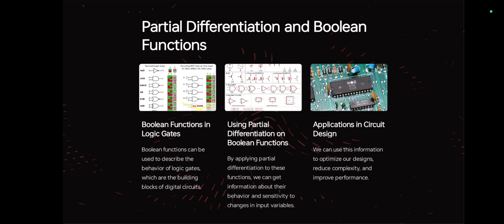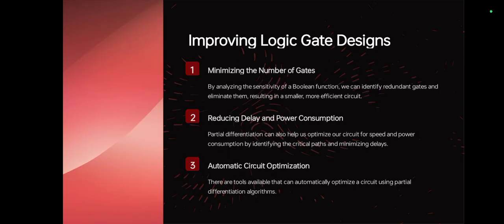By applying partial differentiation to these functions, we can get information about their behavior and sensitivity to changes in input variables. The applications of partial differentiation in circuit design: we can use this information to optimize our designs, reduce complexity, and improve performance.